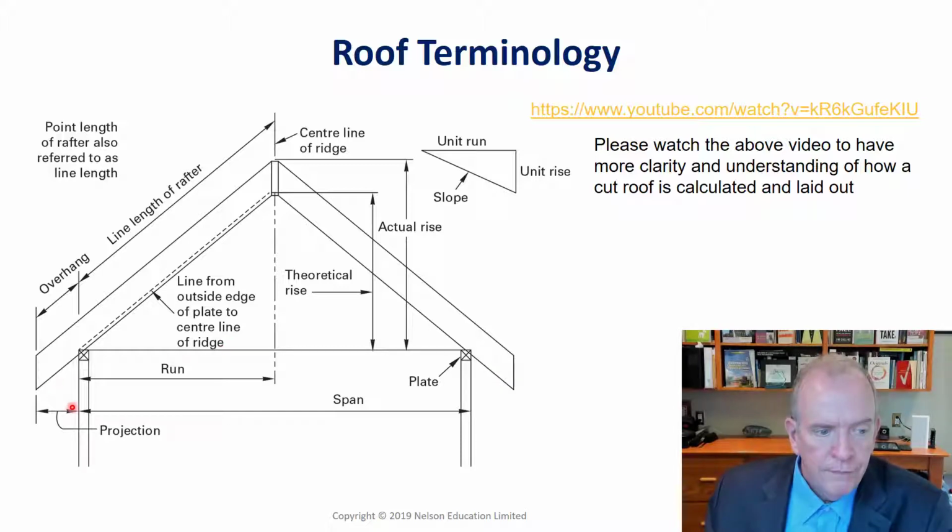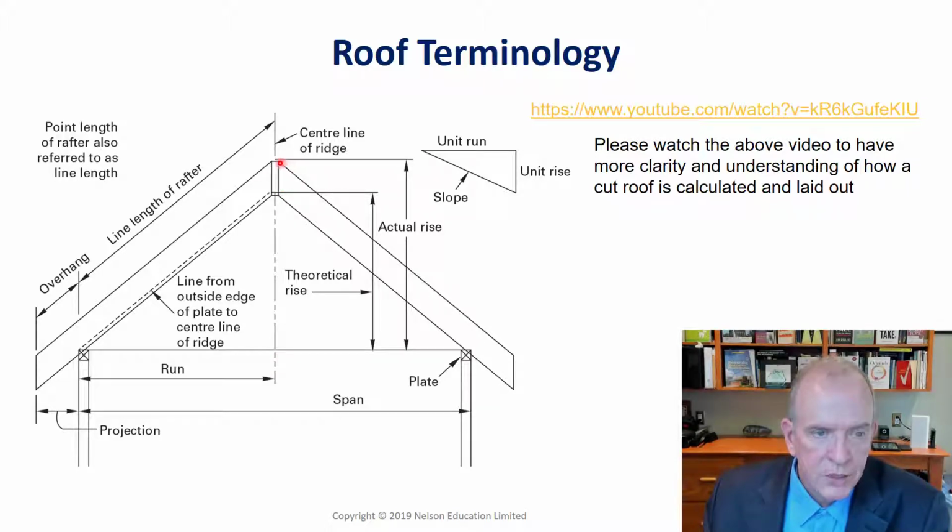So if that's our span, then half of the span is the run. If the span was 10 feet, then your run would be 5 feet as an example. So this is your run, and this is your theoretical rise up to that dashed line there where it intersects this center line here. So you've got that relationship from run to theoretical rise.